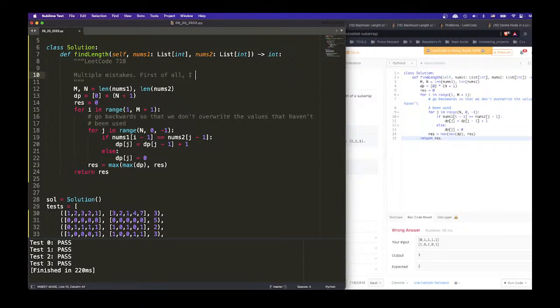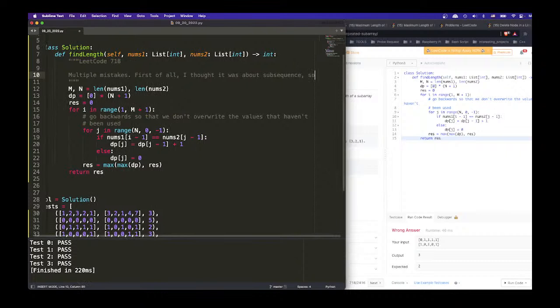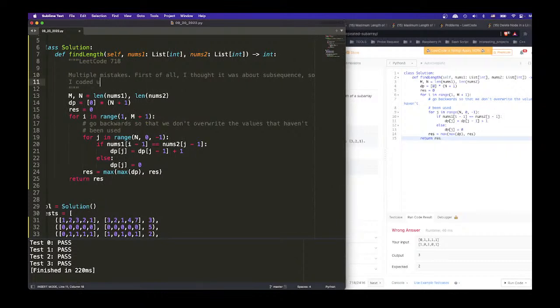First of all, I thought it was about subsequence, so I coded up LCS, but was marvelously wrong.